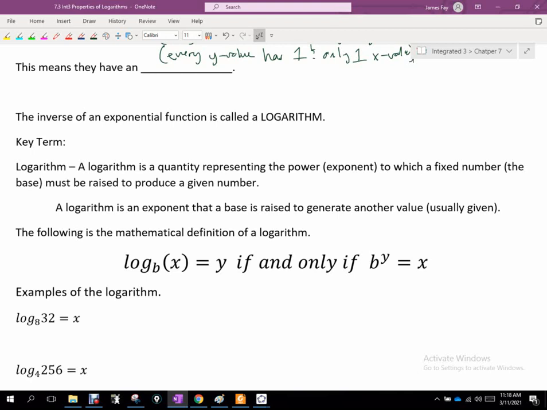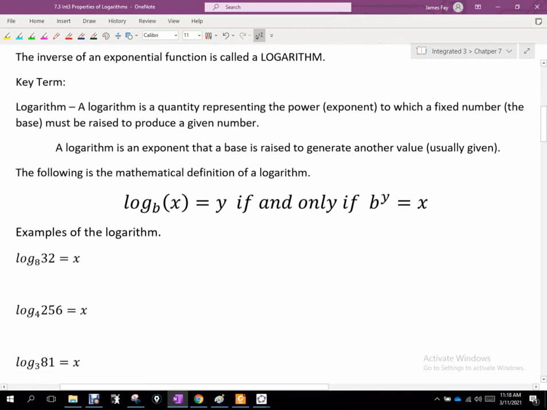The short answer to that is it's an exponent. But it's an exponent that I use to get a number that I'm already interested in. So a logarithm is an exponent that a base is raised to generate another value, and that value is usually given or something that I already am interested in knowing.